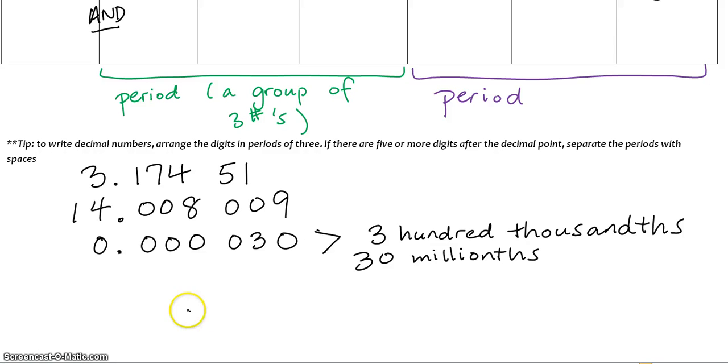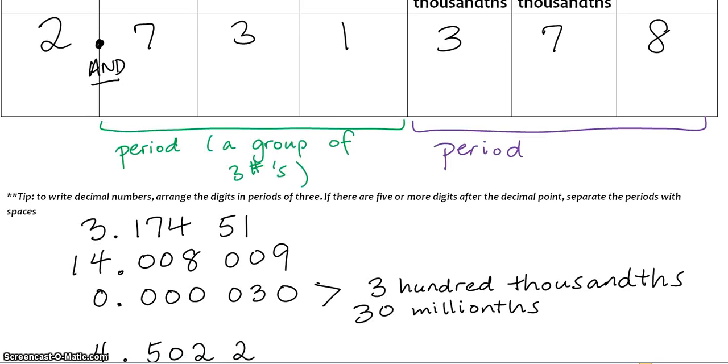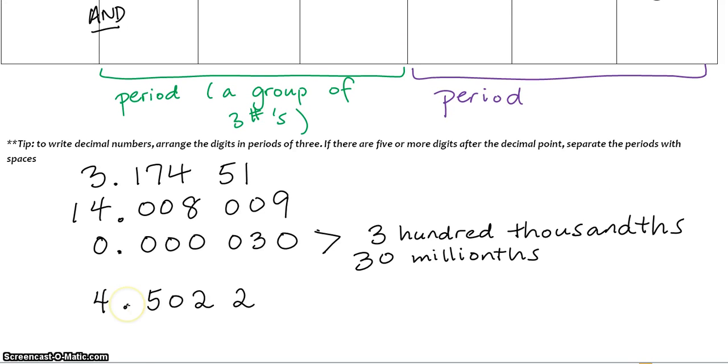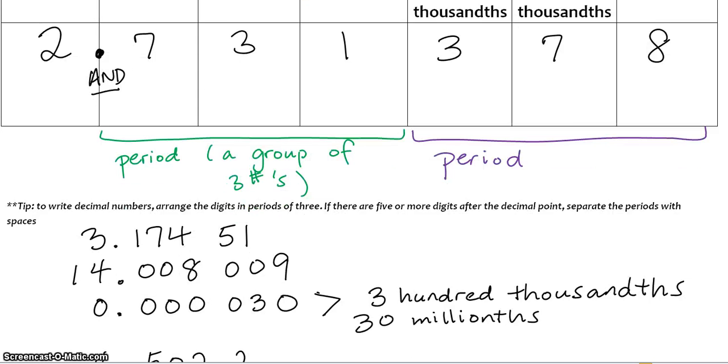Okay, pause the recording and see if you can say this. So the way you would say this is 4 and 502 thousandths, 10 thousandths.